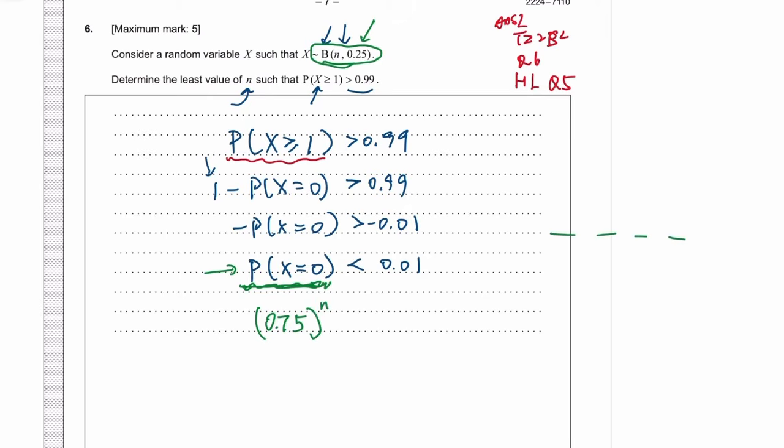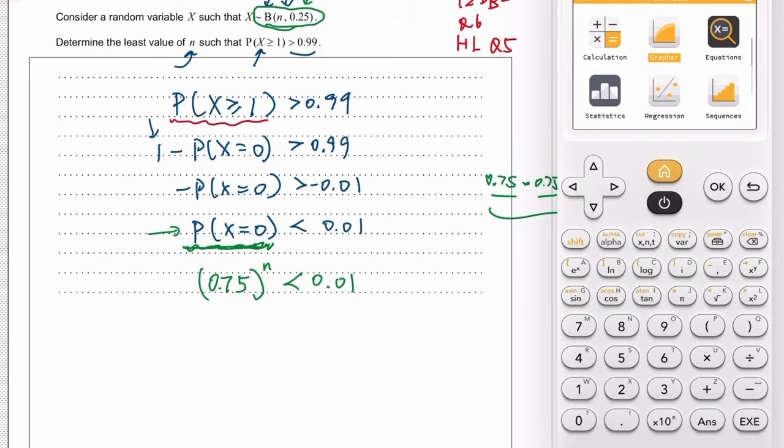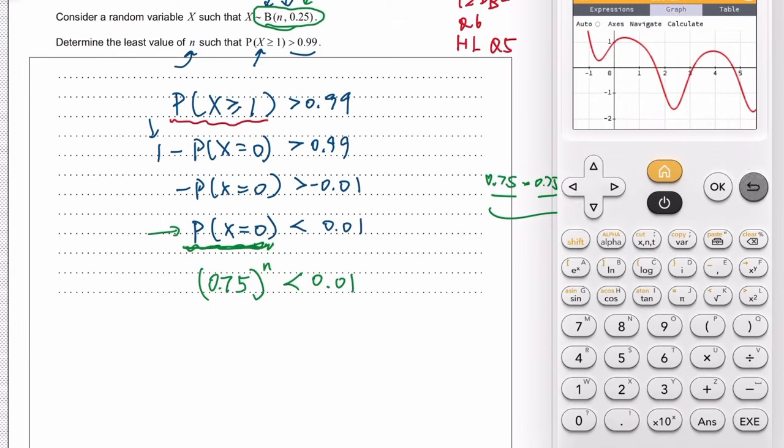Because the first trial is a fail, and then the next trial is a fail, and then the next trial is a fail, so on and so forth, and then you multiply them out, and then you do n times, right? So it's 0.75 to the power of n. So you really want 0.75 to the power of n to be less than 0.01. Well, this is something you can solve by graphing.